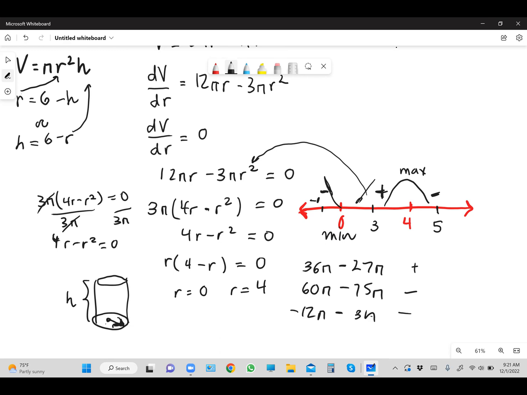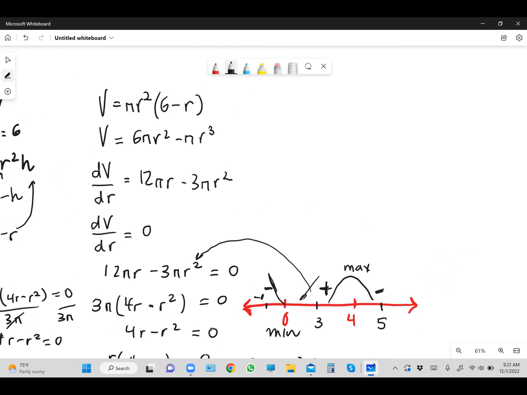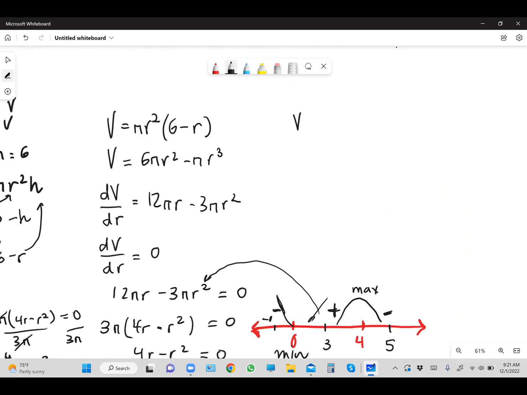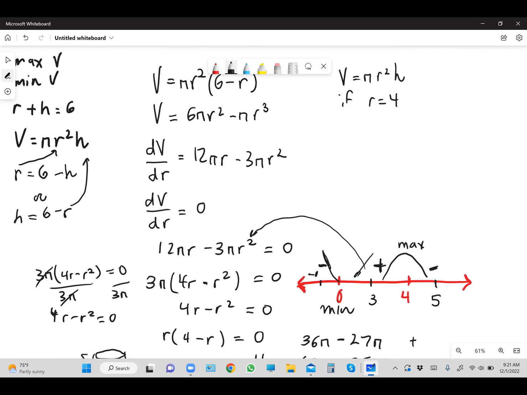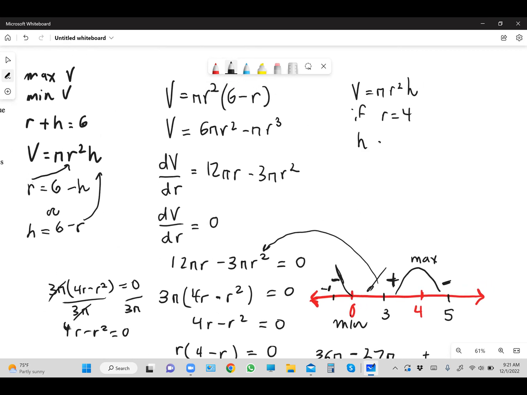But we're not done with the question, because what they ultimately want us to do is find out what the volume is at the maximum. So if volume equals pi r squared times the height, if r equals 4, then h, which equals 6 minus r, is 6 minus 4, so h is 2.